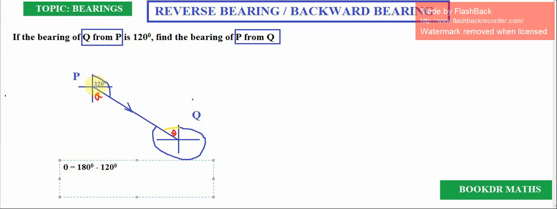You can see that the turn from the North Pole over here up to this line is 180 degrees, but the turn from this portion up to this portion is 120. So to get the remaining portion here, we just subtract the 120 from 180, and we will see that it is equal to 60 degrees.